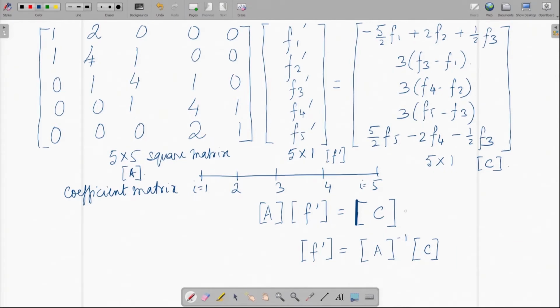So, this is essentially the system of equations in implicit form, while this is the system in explicit form.